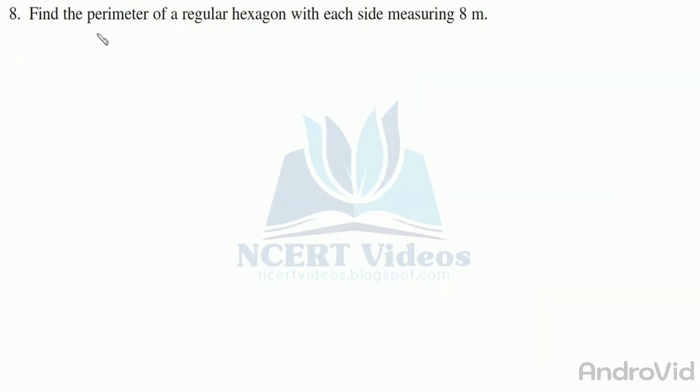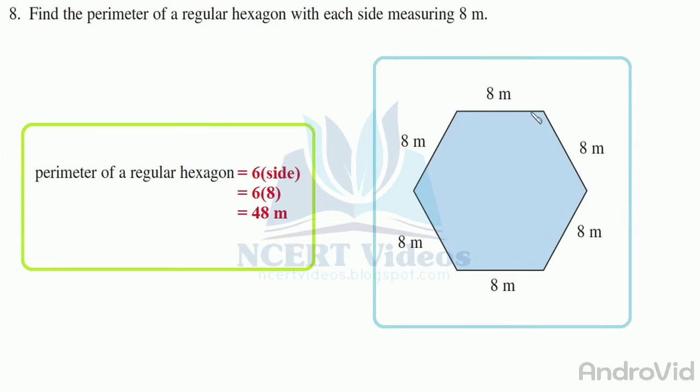Question 8. Find the perimeter of a regular hexagon with each side measuring 8 meter. So what is a regular hexagon? Having equal sides and equal angles. In this case we are taking sides. So 8 comes, hexagon means 6 times. We will multiply simply 8 into 6 rather than adding them 6 times.